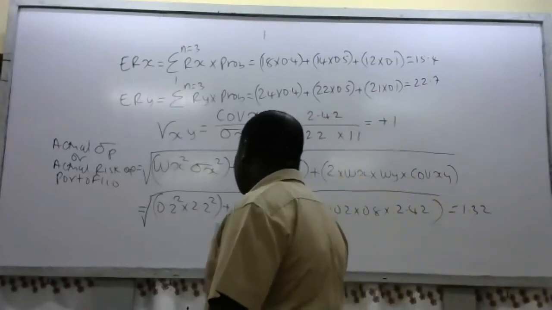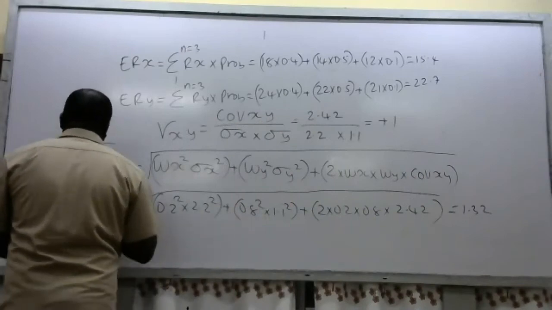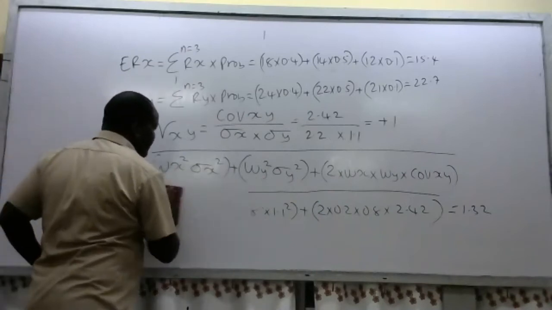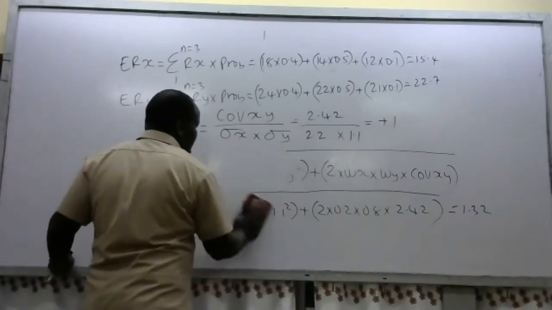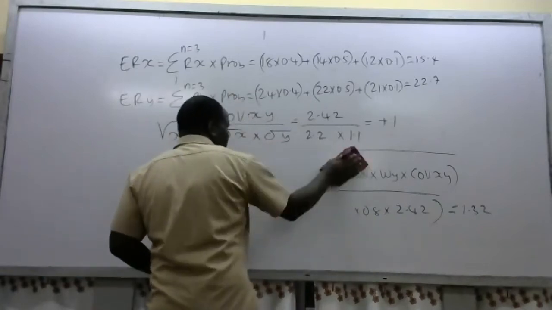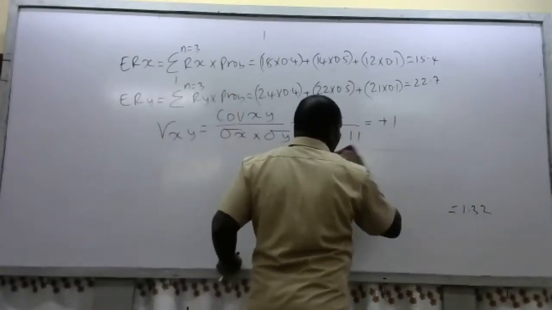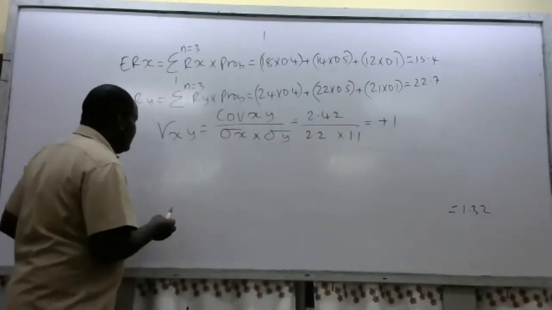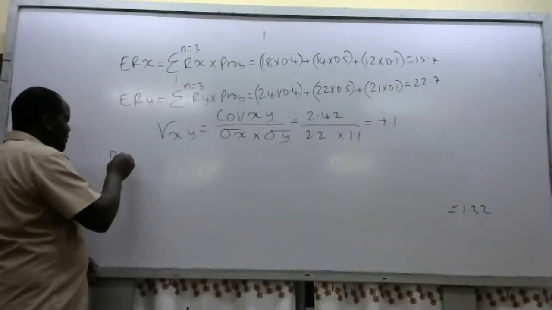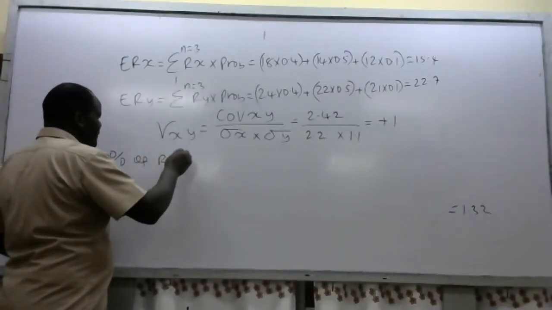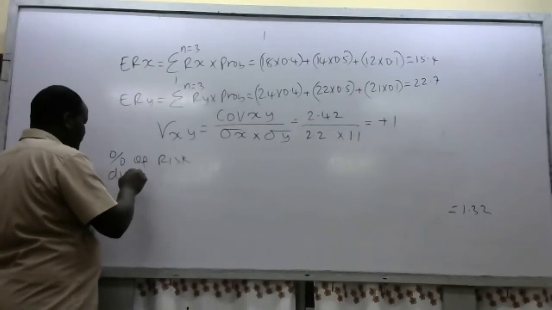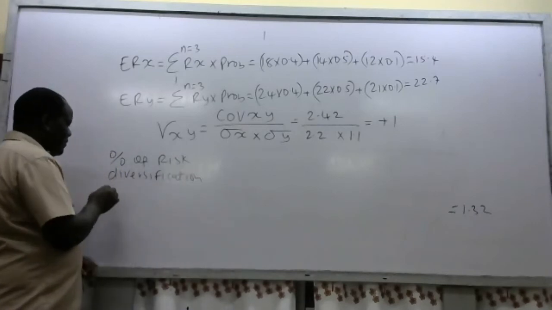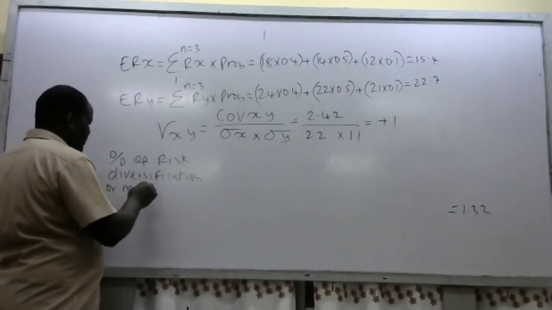So let us see how to get the percentage of the risk minimization. The question wanted you to compute the percentage of the risk diversification or minimization.